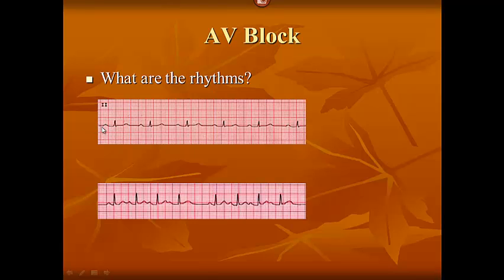If you notice, where the P starts and the R starts is almost 1.5 boxes. So here we're in the presence of a prolonged PR interval, which is longer than 0.20 seconds, or greater than 5 small boxes, which is the same as greater than 1 big box.